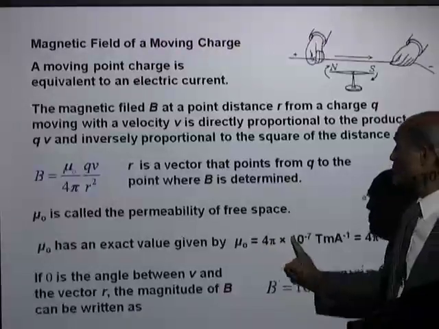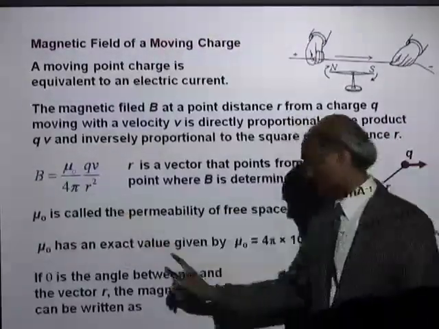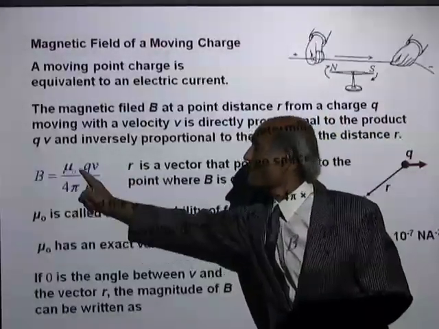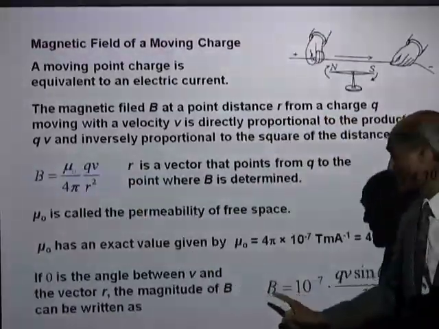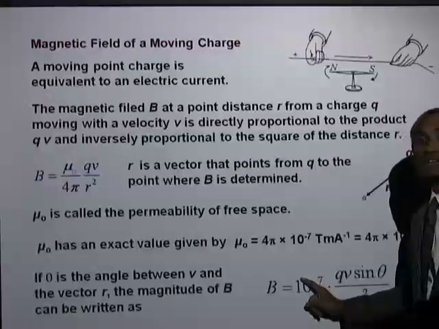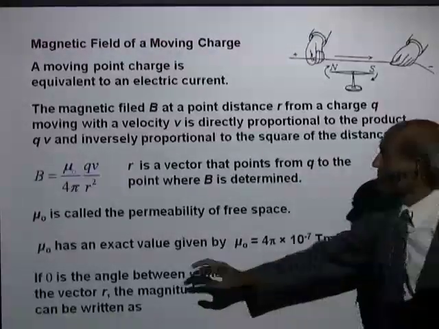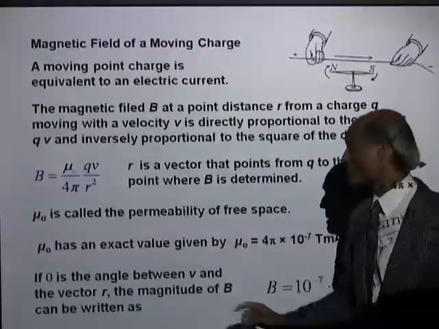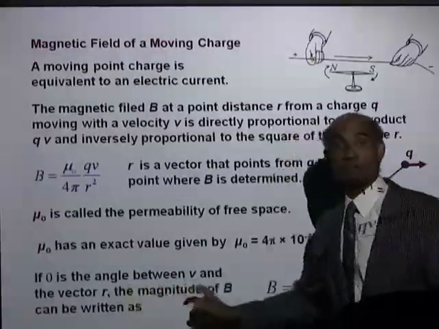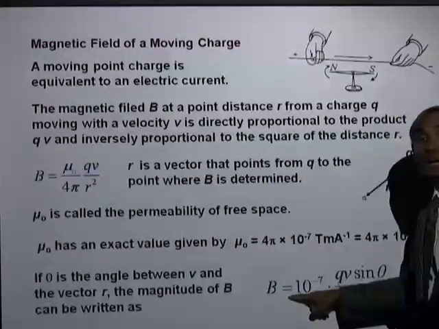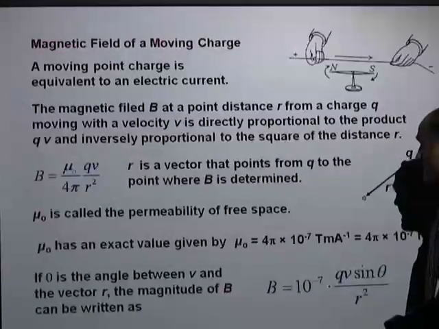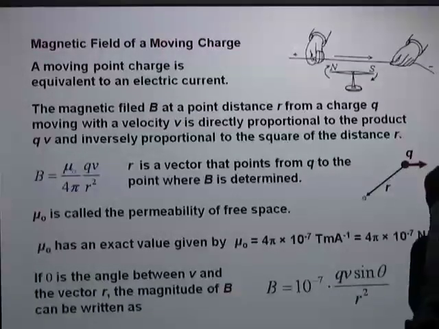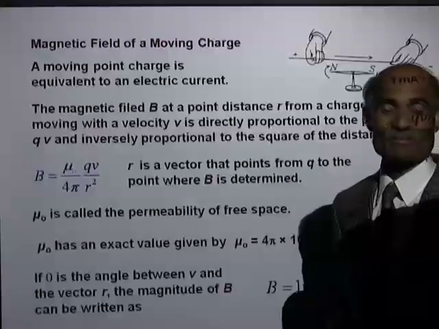If you divide this quantity by 4 pi, you get 10 to the negative 7. So mu 0 divided by 4 pi has an exact value of 10 to the negative 7. So, if theta is the angle between V, the velocity of the charge, and the vector R, then the field at that point, B, is 10 to the negative 7 times QV sine theta over R squared.